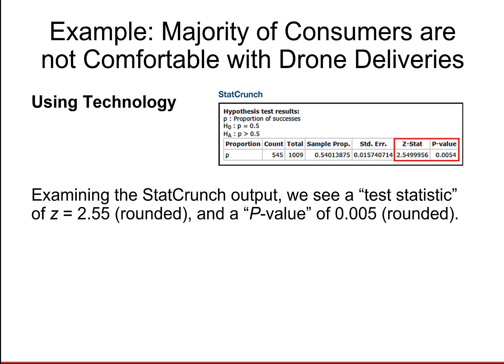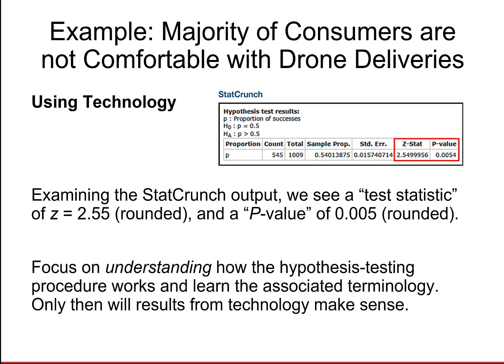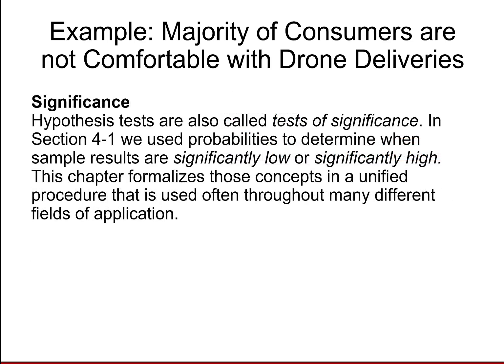Here we see a test statistic listed as a Z, and its value is 2.55 rounded, and the p-value in the last column is 0.005 rounded. What that tells us is something about the conclusion that we can make on the hypothesis test. I'm going to talk more about that in a minute, but focusing on how the test procedure works and learning the associated technology will then help us to better understand the results.